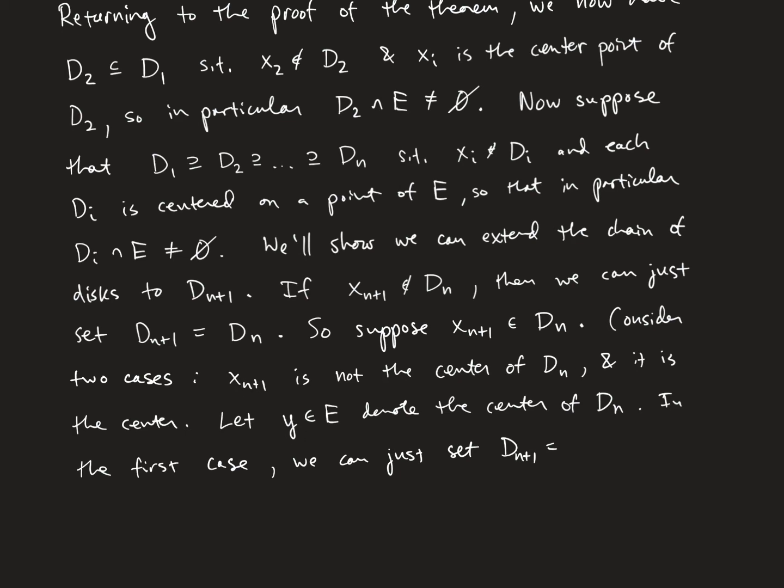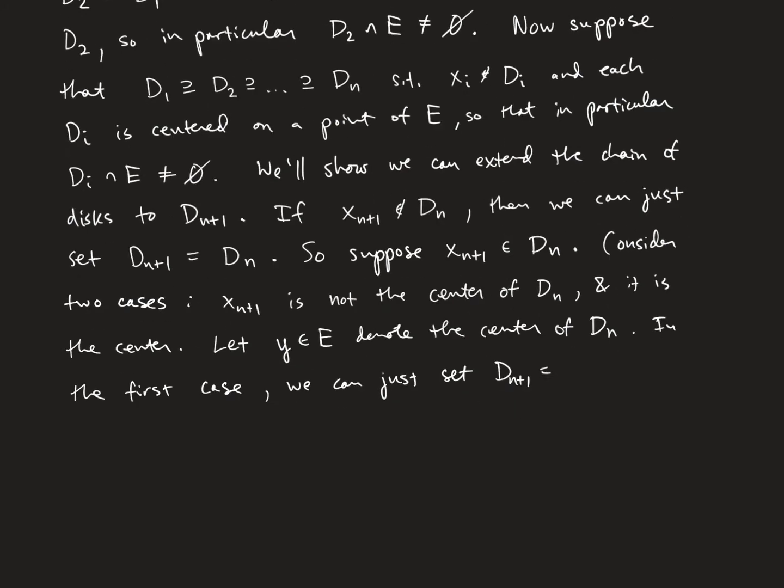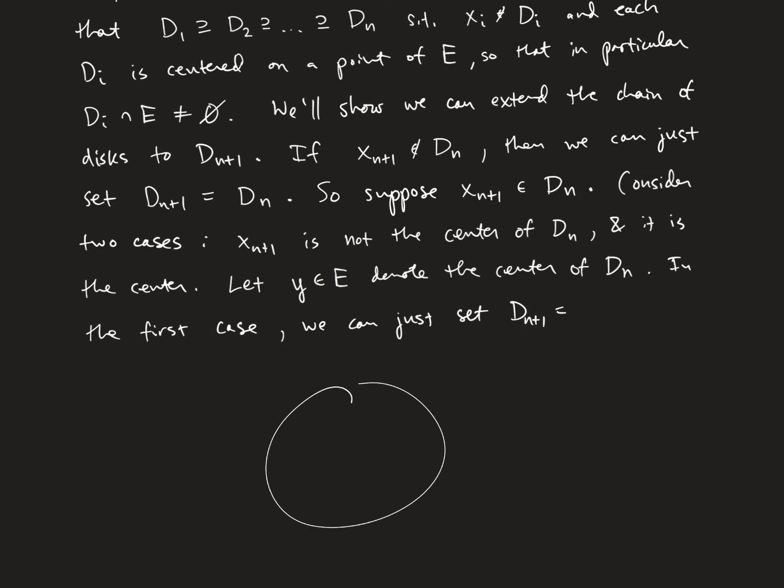It would help to have a picture. If y is here in the center and xn plus 1 is not y, then we can take this disk and shrink it to be half the distance between y and xn plus 1.